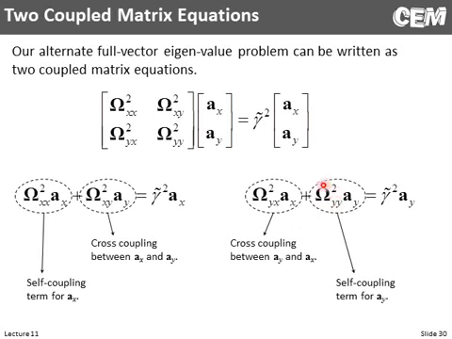We have a self-coupling term, but we have another cross-coupling term, meaning you can't have an ax without an ay, can't have an ay without an ax, because these terms are here. And there's no analytical way to say those are always exactly 0. But what we can say is, having seen some of the modes and saying, you know, they're pretty darn independent, maybe we could set those cross-coupling terms to 0 as an approximation.